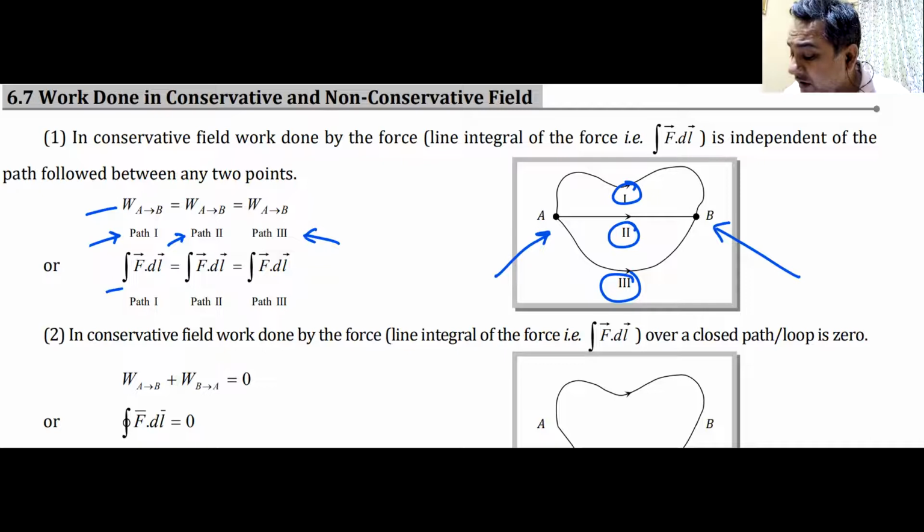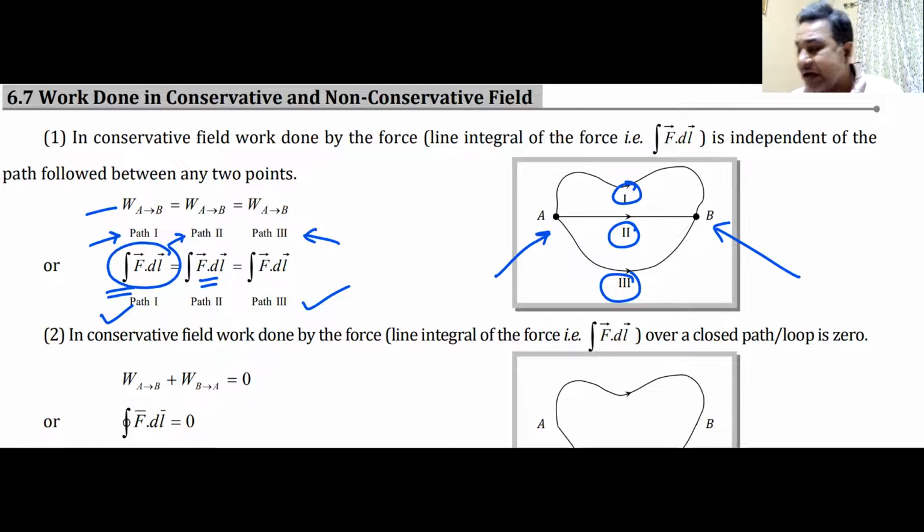They have written work done as integral of f dot dl. You can write f dot dr, doesn't matter. F dot dl in all the 3 cases will be same. This is how you need to write it mathematically, in the form of integral.